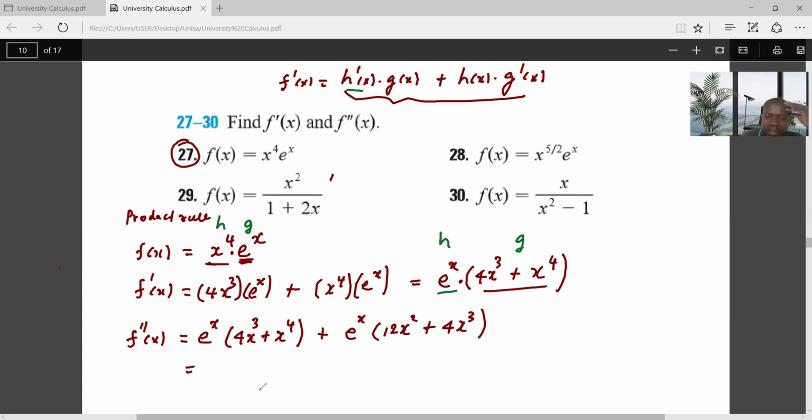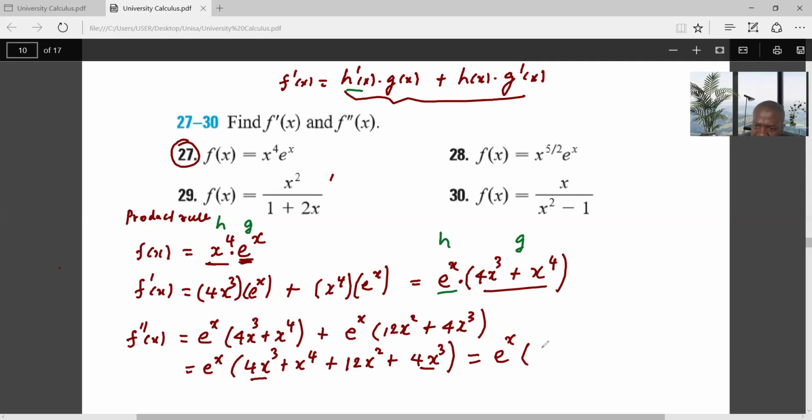There's something common. It's e to the x. So we're going to remain with what? 4x cubic plus x to the power 4 on this side, and 12x squared plus 4x cubic. Let's simplify this. This will be e to the exponent of x. These are like terms, so there will be 8x cubic. Okay, let's write them in standard form.